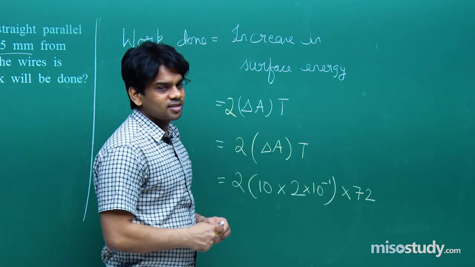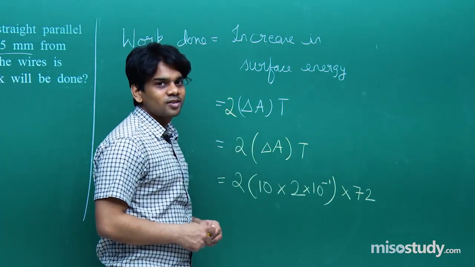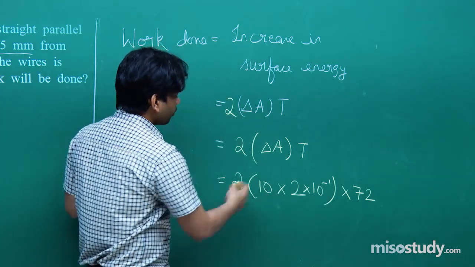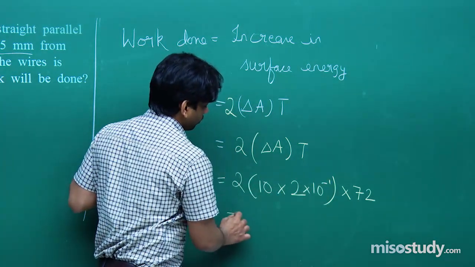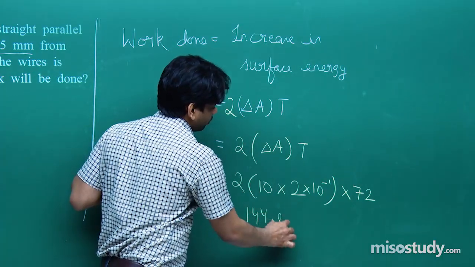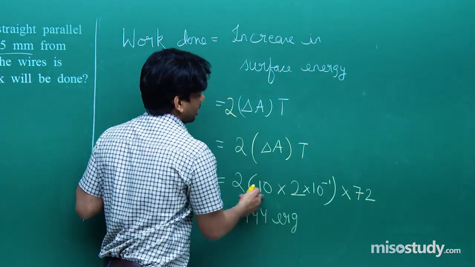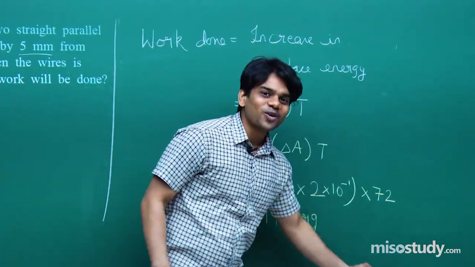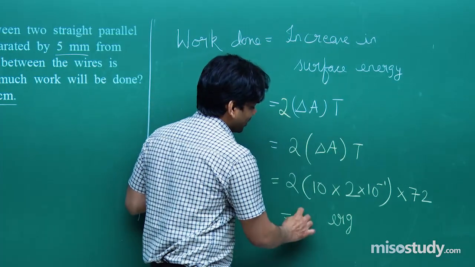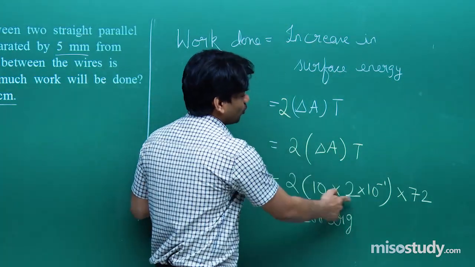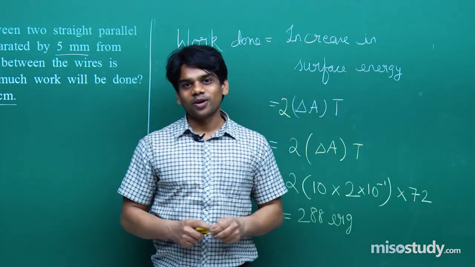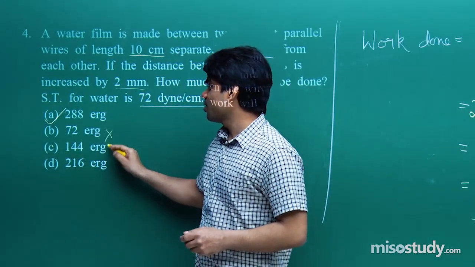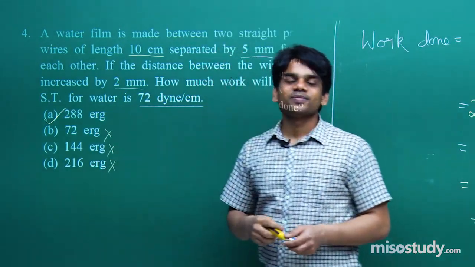All units are in CGS system, so the answer will be in CGS system. If you solve it, 2 into 2 into 72, sorry, I did 144, it will be 288, I am sorry. 4 into 72, that's 288, that's not 144. So option A, 288 ergs, is the right answer, the rest are all incorrect.